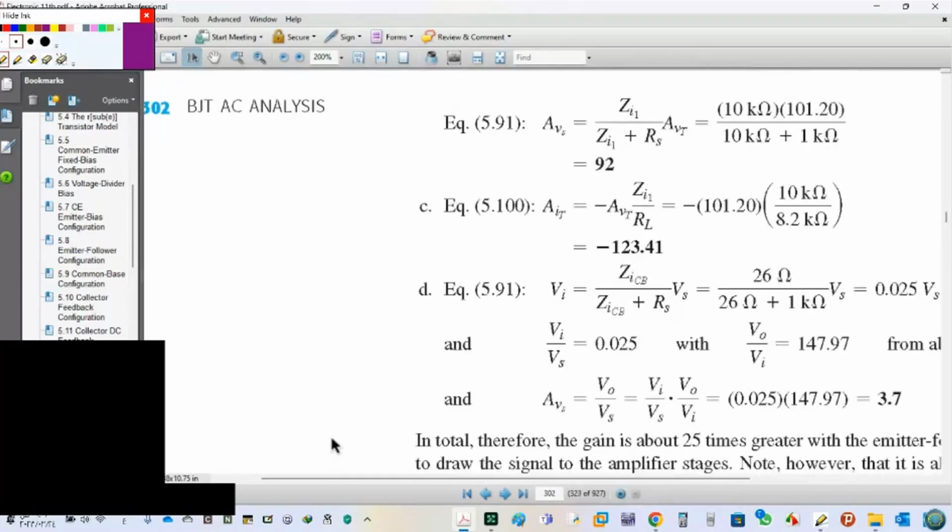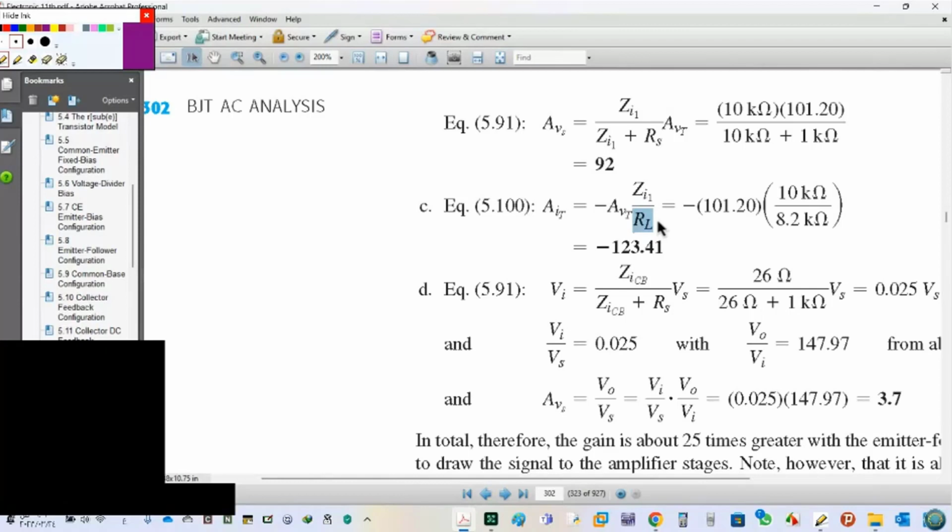Now, he asked me to find AVS. AVS is ZI1 over ZI1 plus RS, multiplied by AV total. AI total, don't forget, is minus AV total times input impedance over the last load, ZI1 over RL.